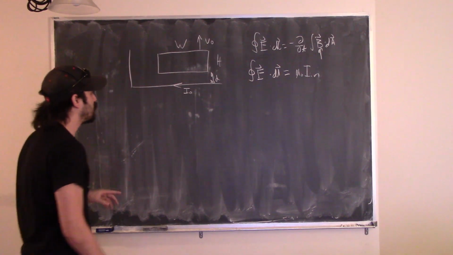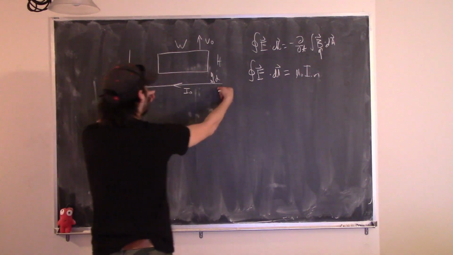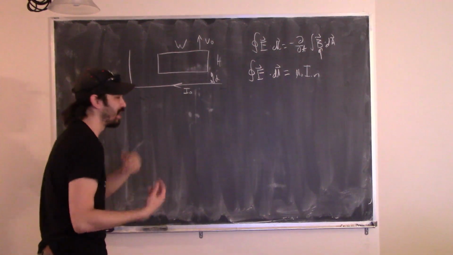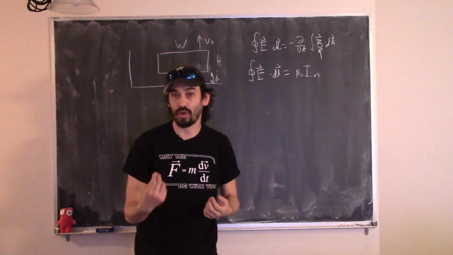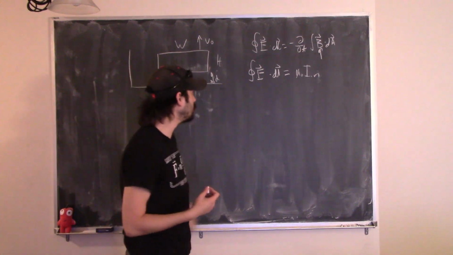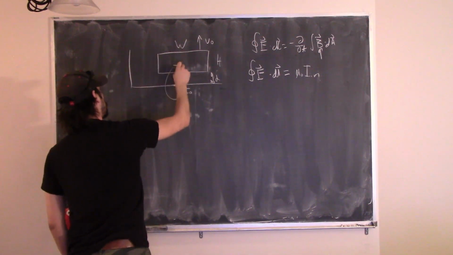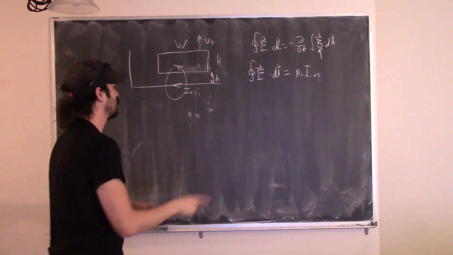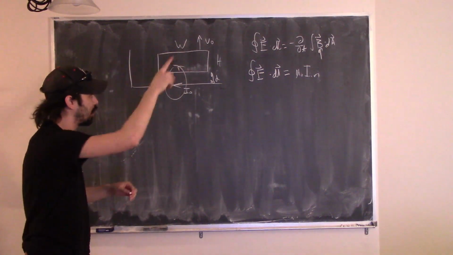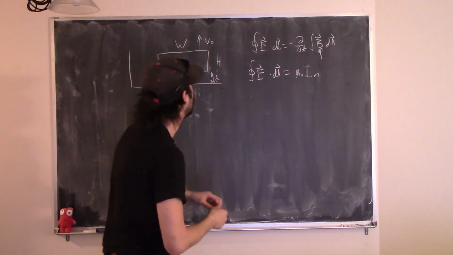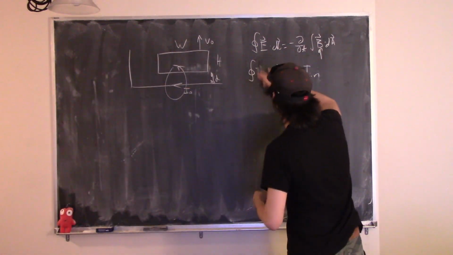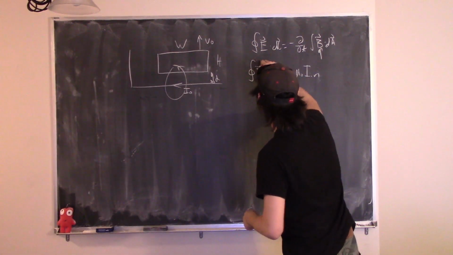And to find the magnetic field, we know that there's some current that flows this way. And so we can calculate what the magnetic field is from Ampere's law. Okay. So what we can do is draw some Amperian loop here. This is going to go around like this, so it's going to go around this way. Sorry, this is not an E dot dl. This is a B dot dl.